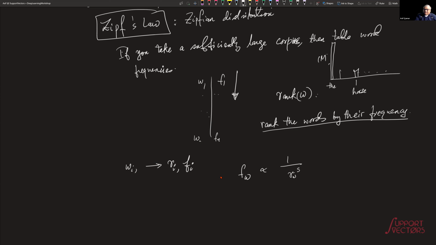Now, in the initial version, for simplicity, you can take s equal to 1. So do you remember how a 1 over x distribution looks? All those distributions, 1 over x to the n, they all look like this.